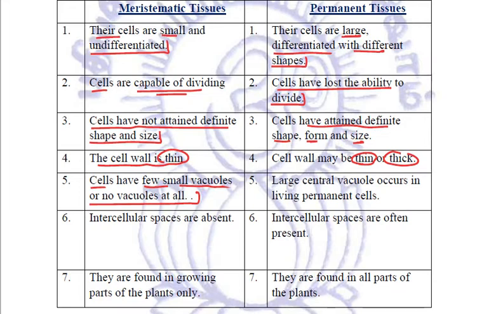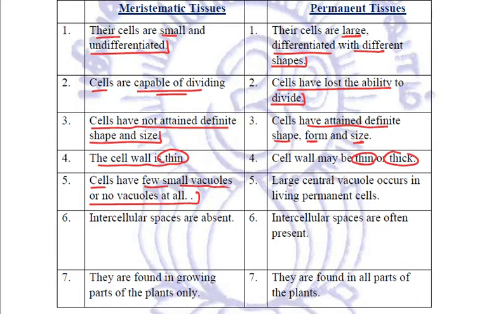They have to divide in order to grow in number, to help in the growth of the plant. So they do not have the role of storing anything. And vacuoles, we know, are the cell organelles which basically are the storage sacs. So that is why the meristematic tissue cells have few or almost no vacuoles at all.